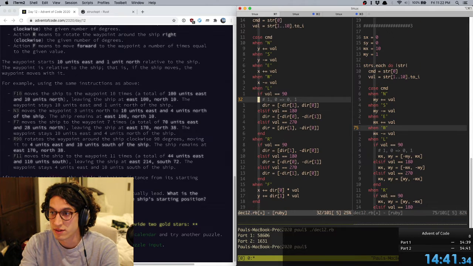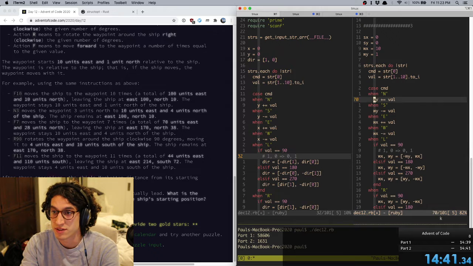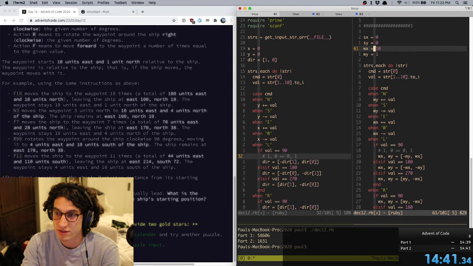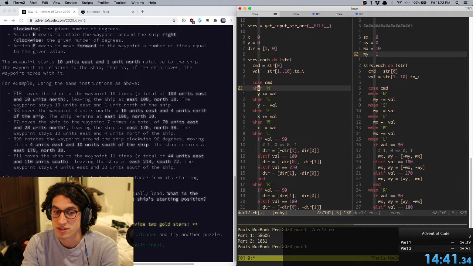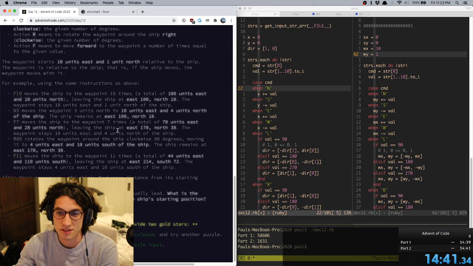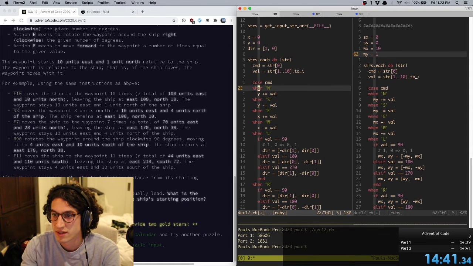And all that else is different is the waypoint direction starts at 10, 1 instead of 1, 0. And that's all that's different between parts 1 and 2. But obviously when you're reading this, it's impossible to synthesize that and understand what the actual differences are.